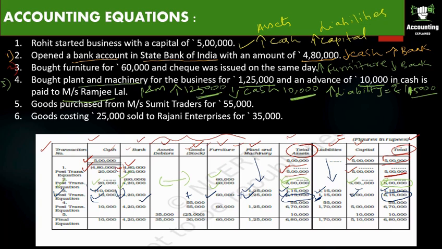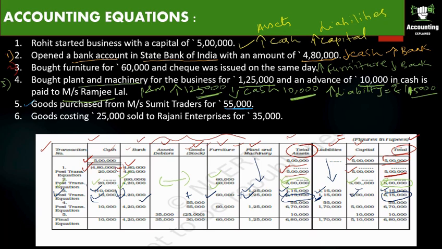Goods purchased from Messrs. Sumit Traders for 55,000. See, they have simply said they have purchased from Messrs. Sumit Traders. They haven't said whether they have paid by cash or by check. Nothing is mentioned. Then, if nothing is mentioned, we have to take it that they have bought it on credit. So they have bought goods. Goods is nothing but your stock.